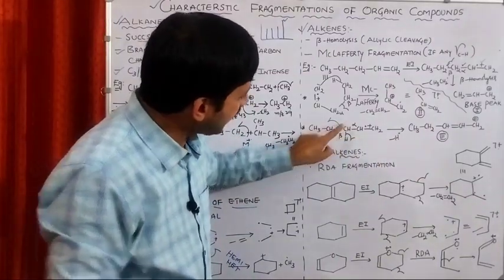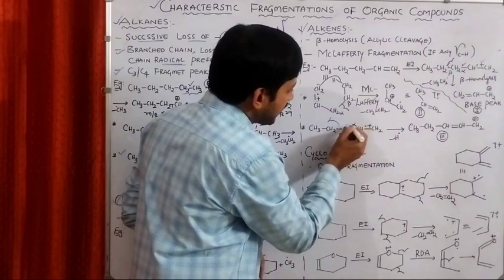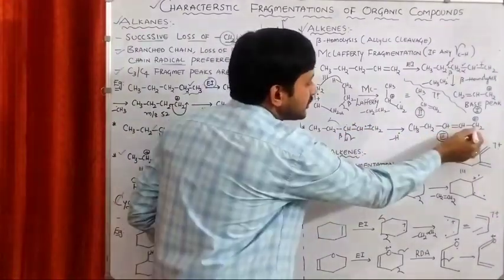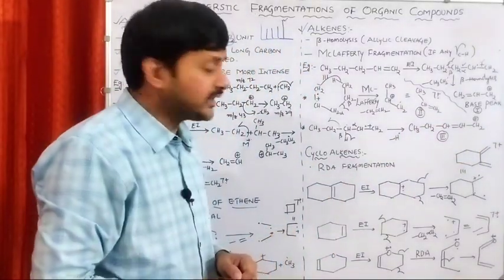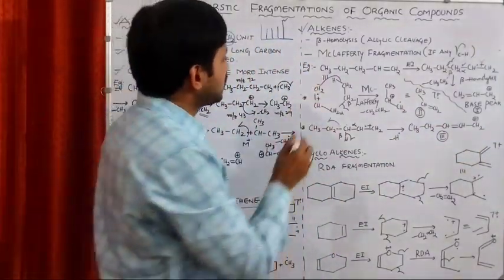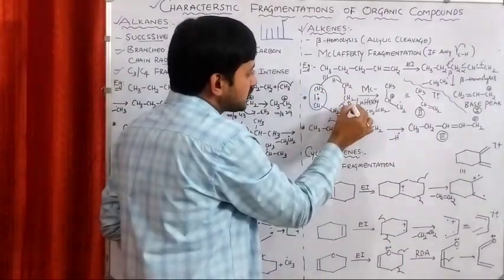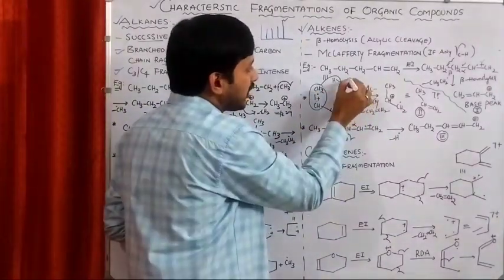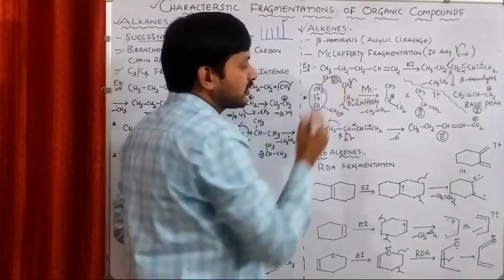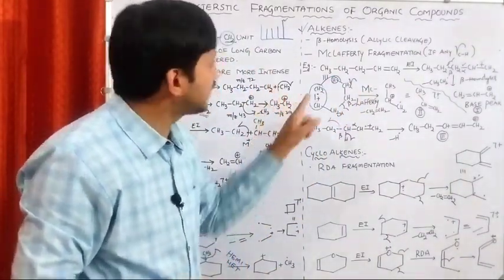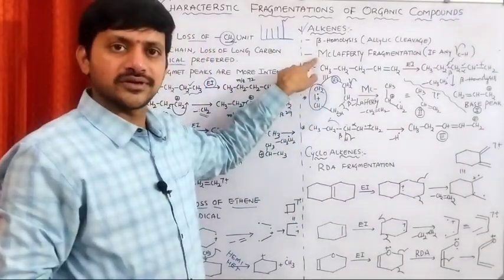Here we are getting a radical, and these two radicals can form a pi bond. So CH3, CH2, CH double bond CH, CH2 plus. In this moiety, with respect to this pi bond, this is alpha, this is beta and this is gamma. At the gamma position we are having hydrogen, so this is going to be involved in the McLafferty rearrangement.